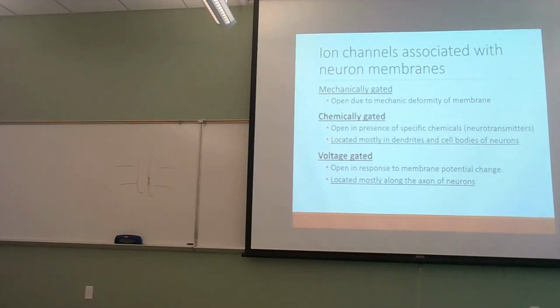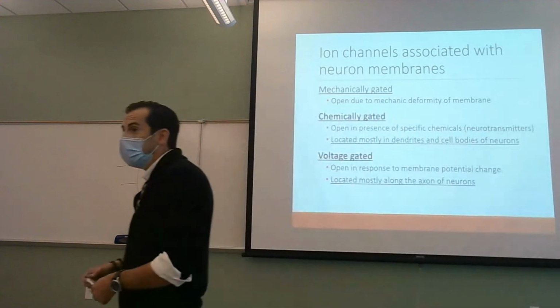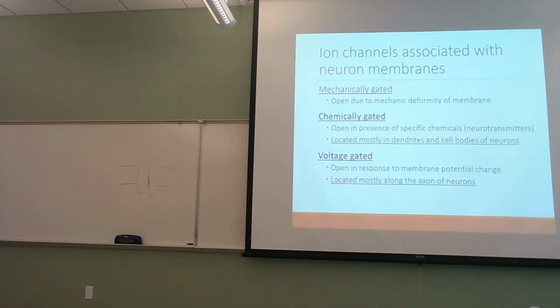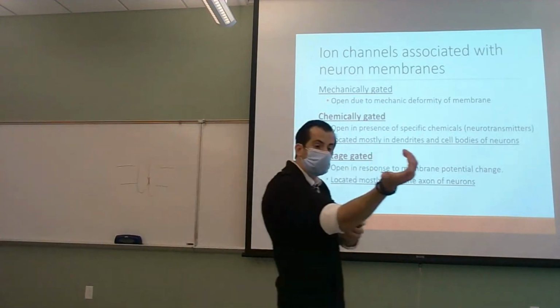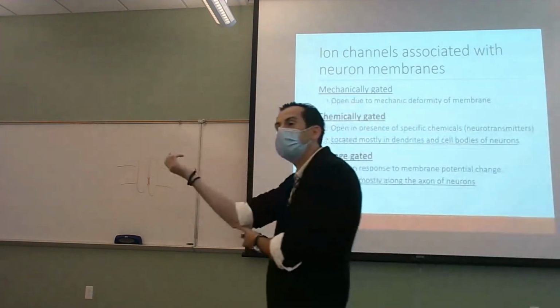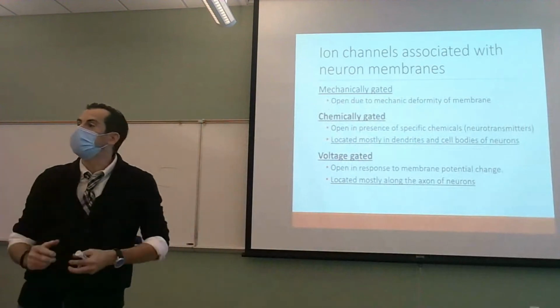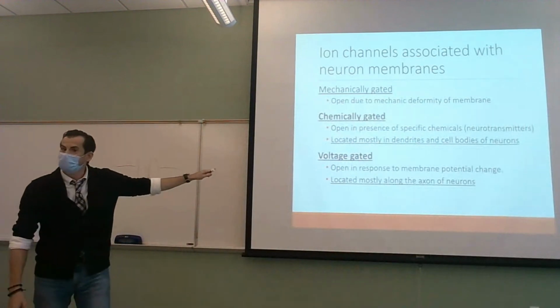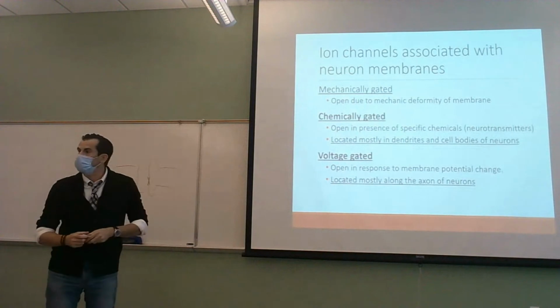Everybody in here has experienced the effects of opening up a mechanically gated channel. Is there anybody in here that has not hit their funny bone? Usually that ulnar nerve is nicely protected in that ulnar groove. However, if you hit it just right, and you compress that ulnar nerve up against the side of the olecranon process, you mechanically deform the axon's channels that are there.